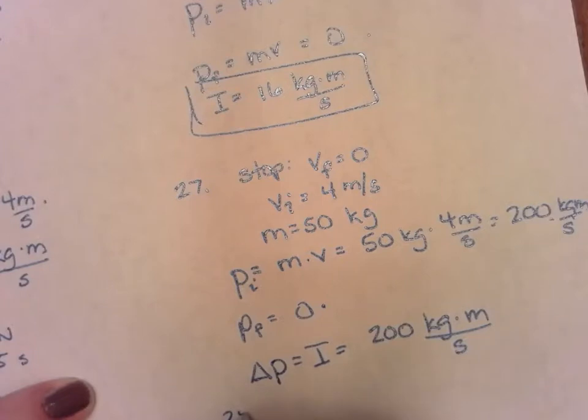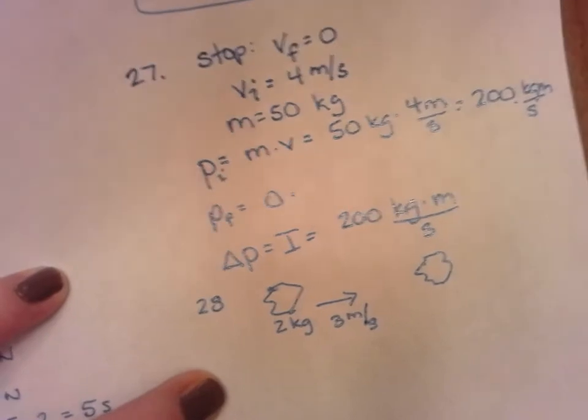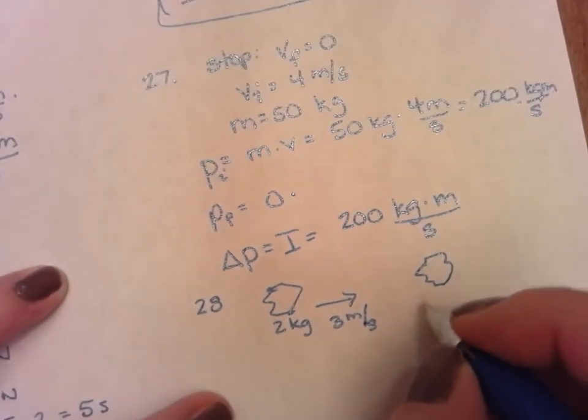Number 28. I have a 2 kilogram mass moving at 3 meters per second. And it impacts another mass moving at 0.